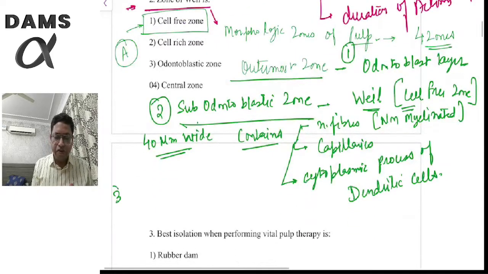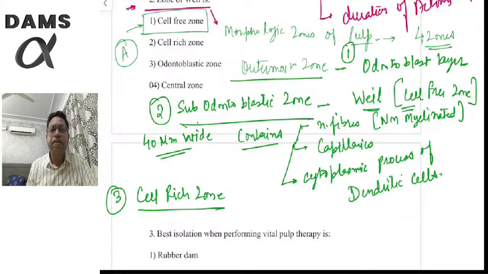The third zone of the pulp from outside to inside is the cell-rich zone. This zone is also known by the name zone of Hohl, H-O-H-L. So if you get a question, what is zone of Hohl? It is another name for the cell-rich zone. Okay.